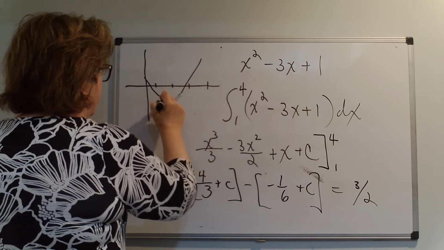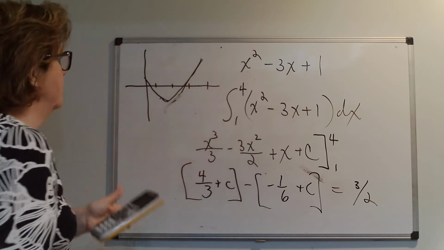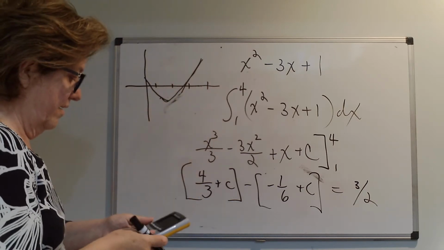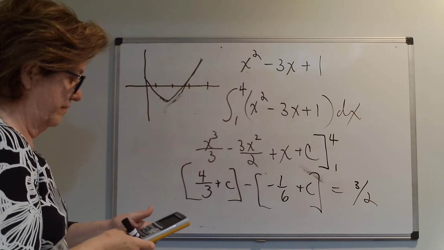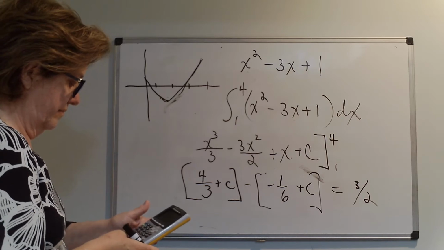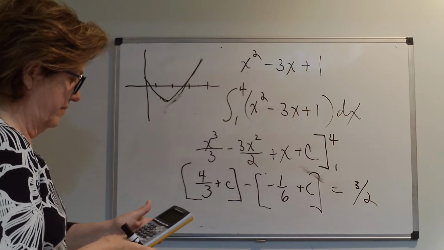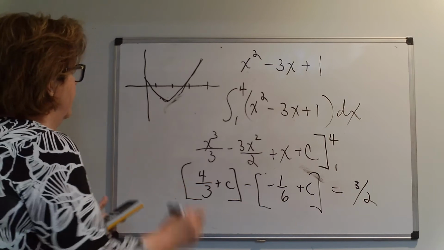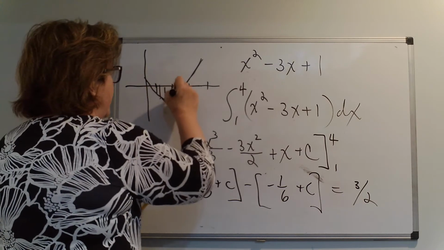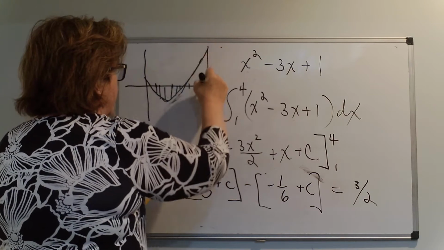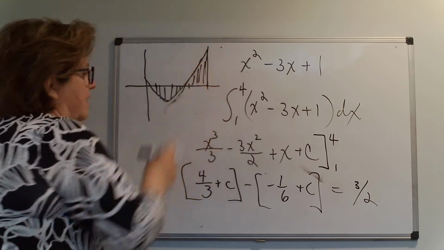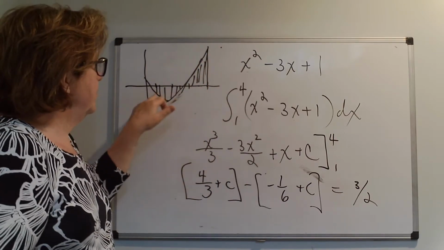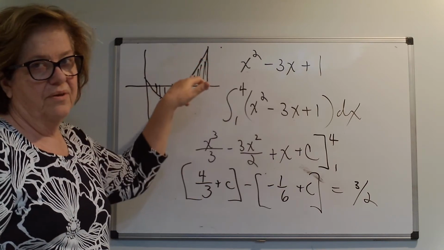So the area from 1 to 4 is this area here. It's this area below the curve and this area above the curve.